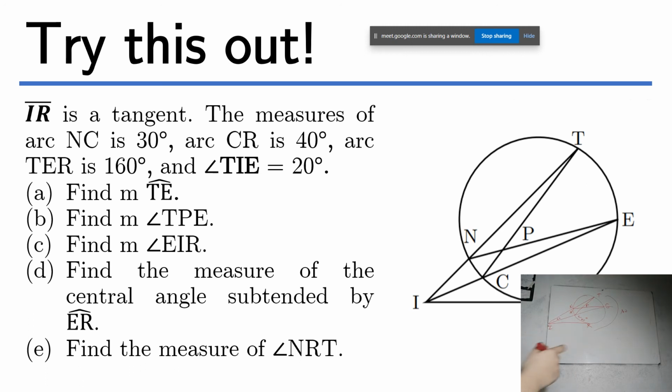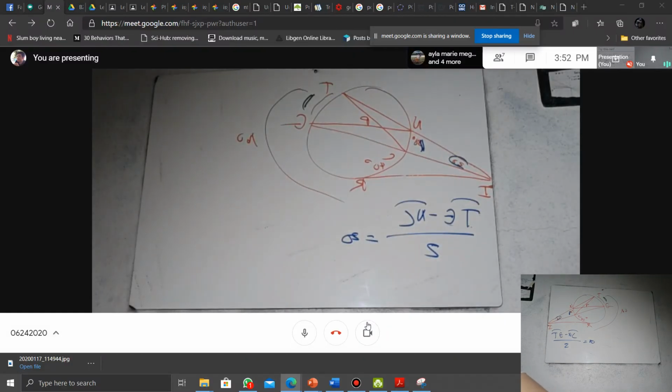So, what do we know? Look at this. This plus this equals this. So, NC plus TE over... wrong. It's outside, right? TE minus NC over 2 equals 20. Do you get why it's like that, guys?